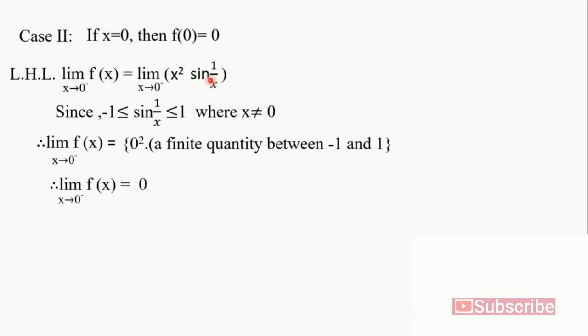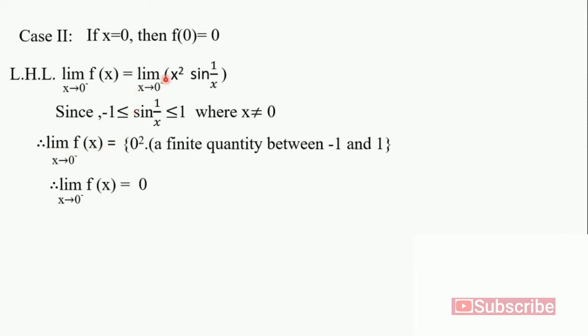In that case, what will be the limiting value? Let's see. Since sine of 1 by x is a finite value between minus 1 and 1, with x not equal to 0, because x is in the denominator. Also x is not 0 because we are going to find the limiting value, isn't it?